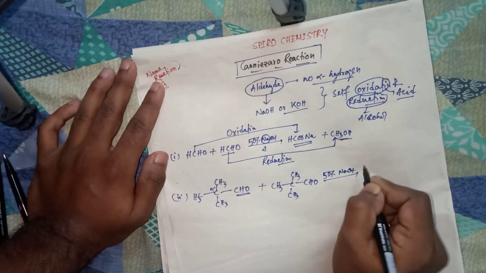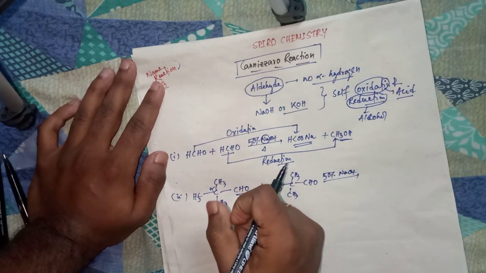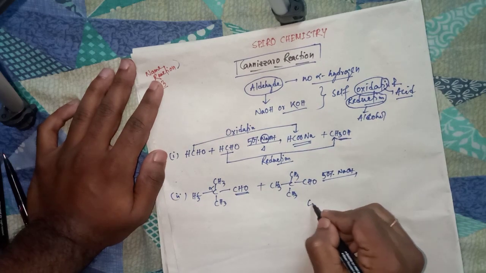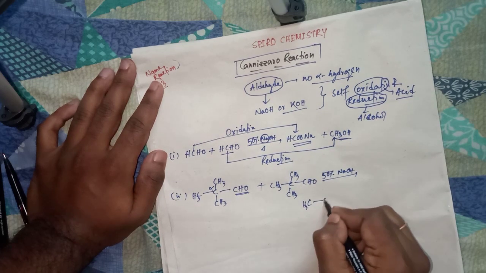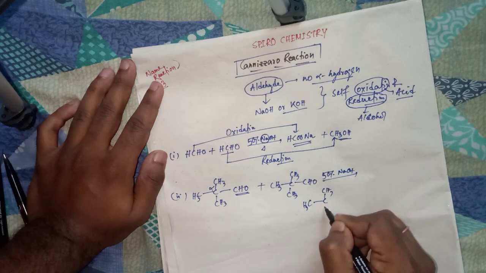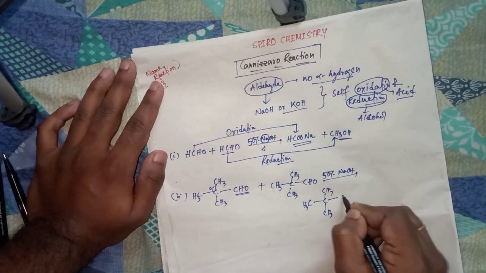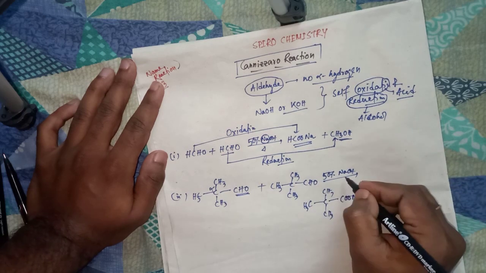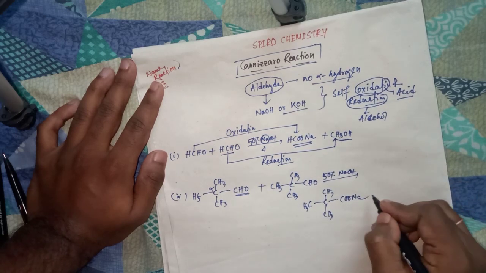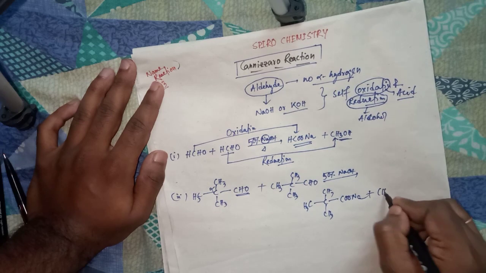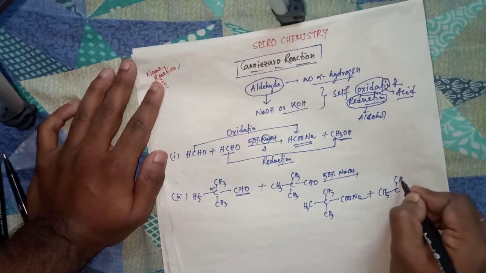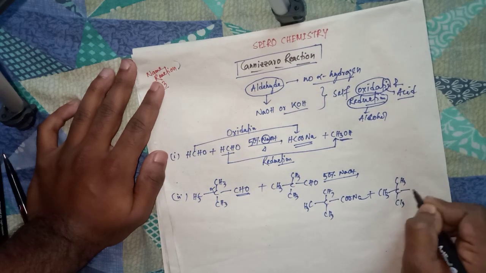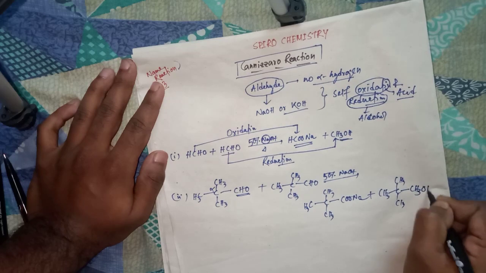What does it form? It forms (CH3)3CCOONa, with a sodium ion, and it forms (CH3)3CCH2OH, an alcohol.